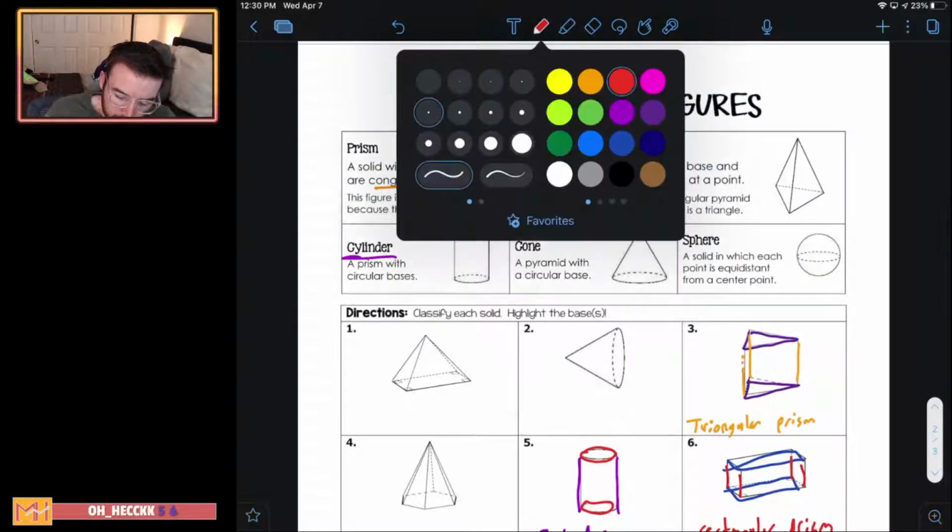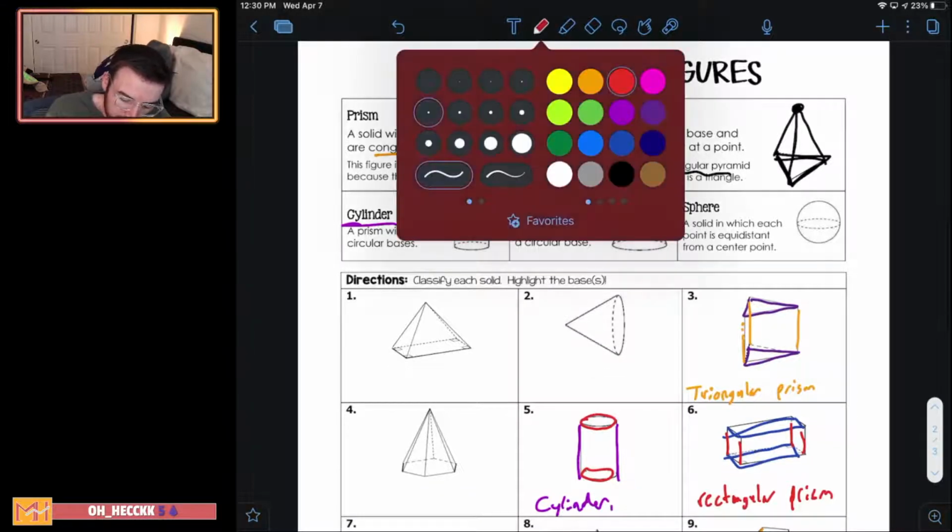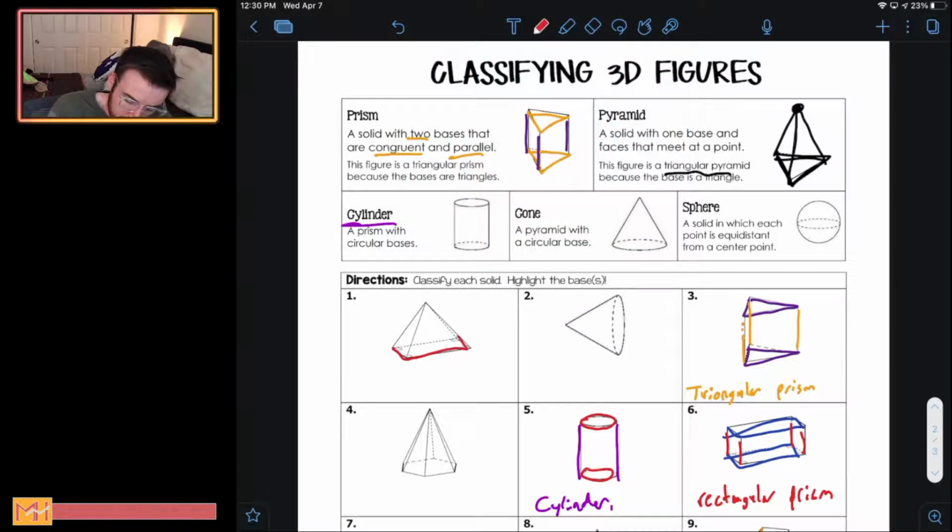Switching gears here, when we have one base and then all of the faces connect to a single point up top, we call it a pyramid. But you can have pyramids with bases other than triangles. This is a triangular pyramid because the base is a triangle. But this is a rectangular base.